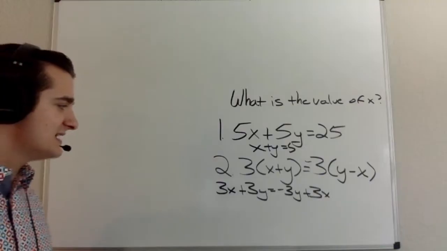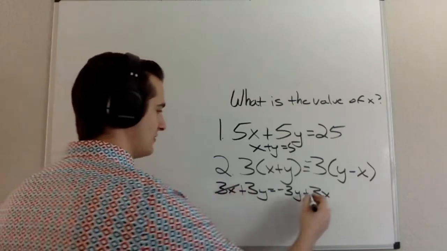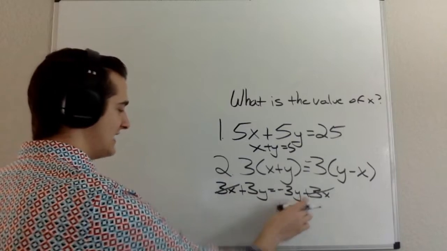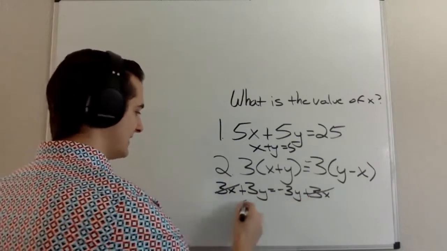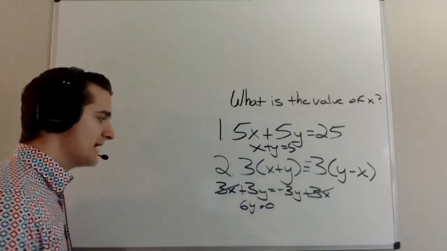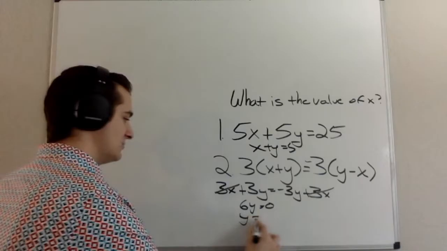And what I'm going to see here is that actually the 3x eliminates from both sides of my equation. And what happens is that I can add 3y to both sides, and I can get that 6y is equal to 0. And that's going to tell me then that y is equal to 0.